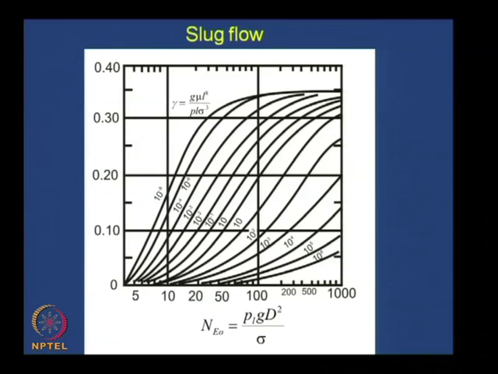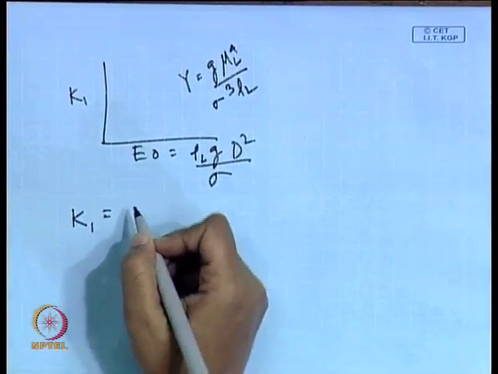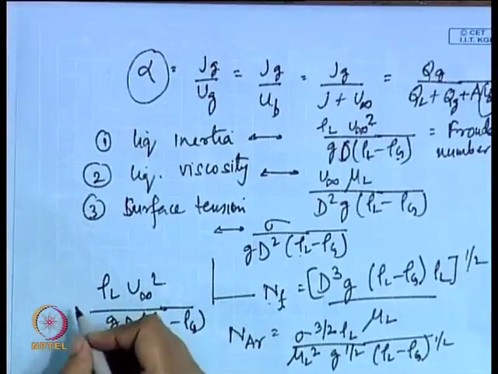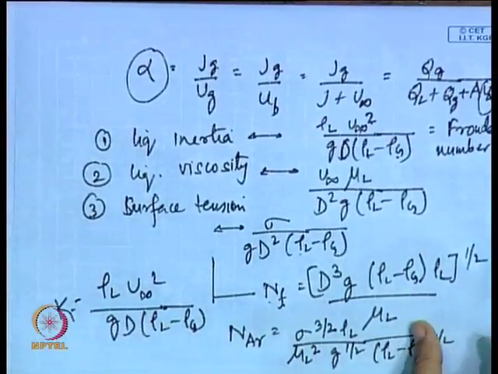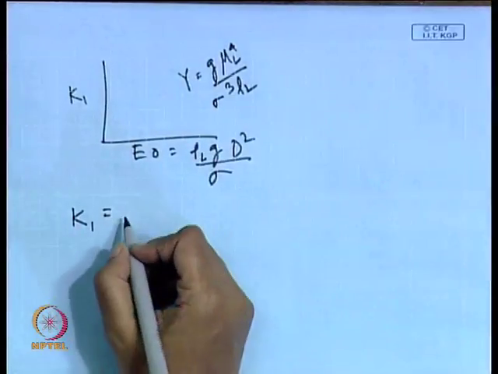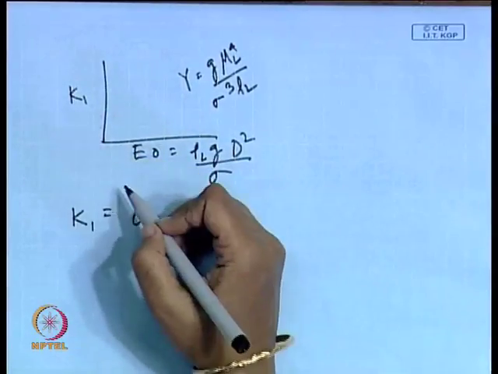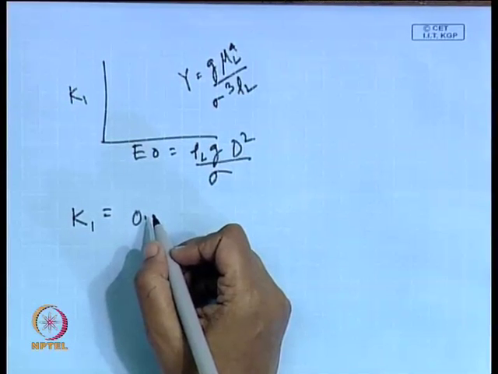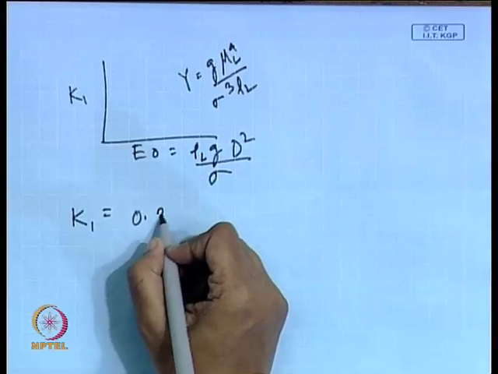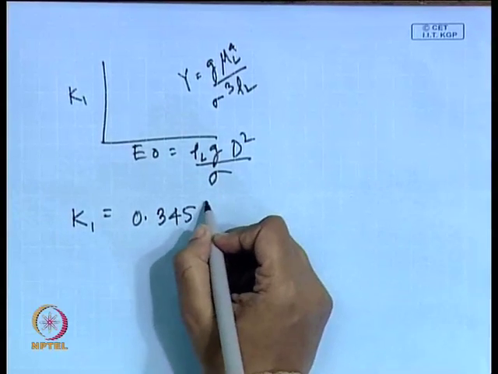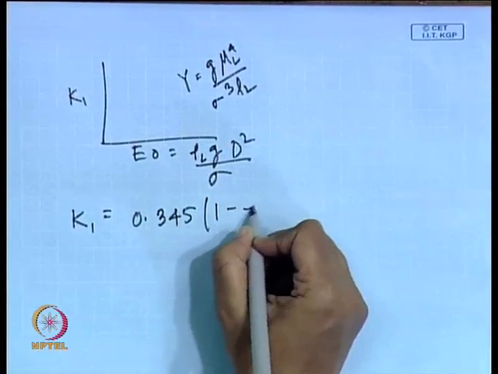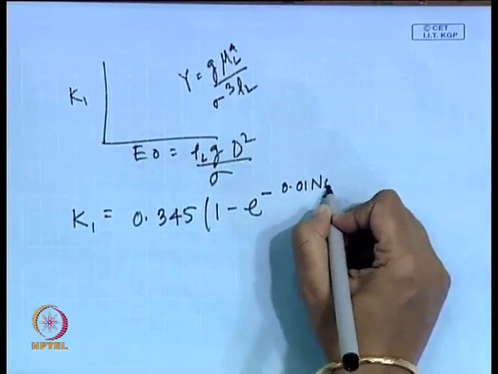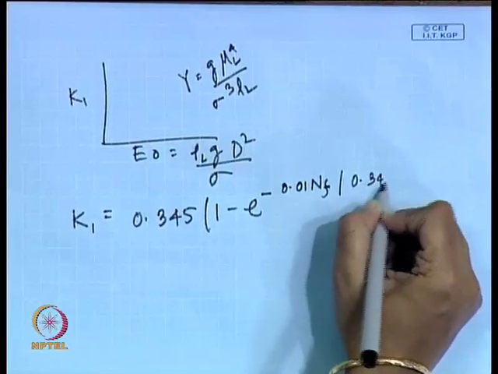This analytical expression is something of this sort: this particular group is known as K1. So, this K1, the analytical expression which correlates K1, Yodvor's number, y and all those things, or which correlates the liquid viscosity term, the surface tension term, etc., is something of this sort: K1 equals 0.345 into 1 minus e to the power minus 0.01 NF by 0.345.